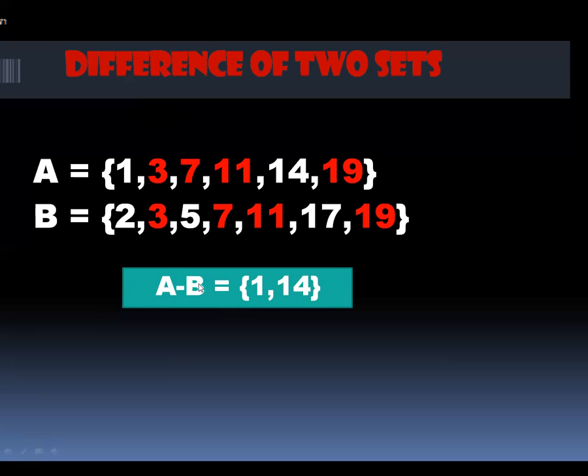A minus B is equal to 1 and 14. Okay, 1 and 14 are the elements that remain in set A. So the difference of sets A and B is the set of 1 and 14.